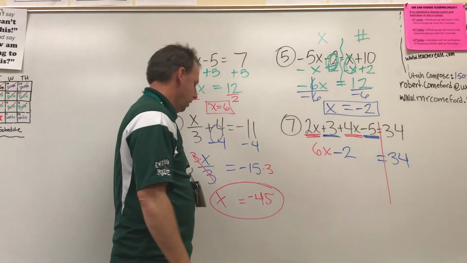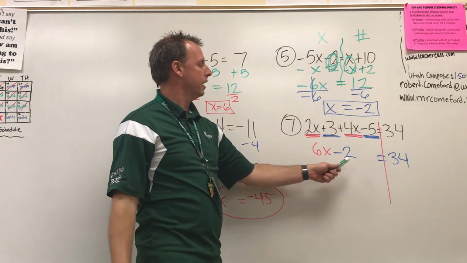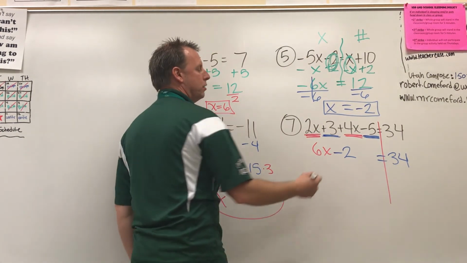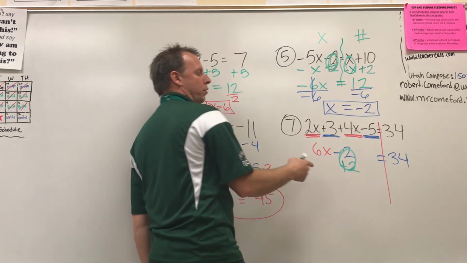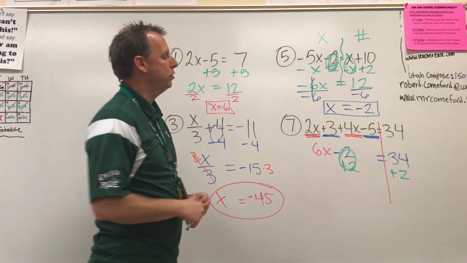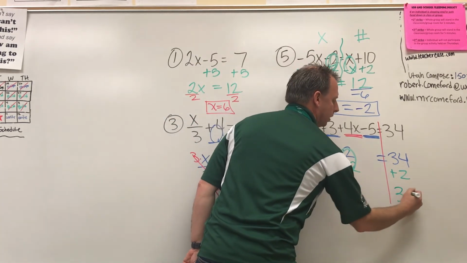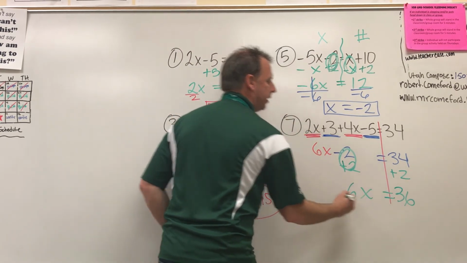So a little two-stepper, just like this guy up here, actually. Get rid of my minus 2. The opposite of minus 2 is to add 2. That goes away. Whatever I do to one side, do to the other. 34 plus 2, 36. I got my 6x left over here.